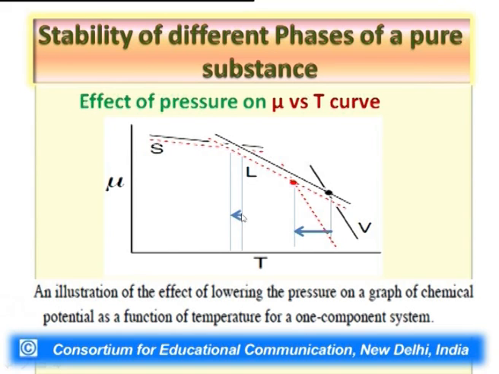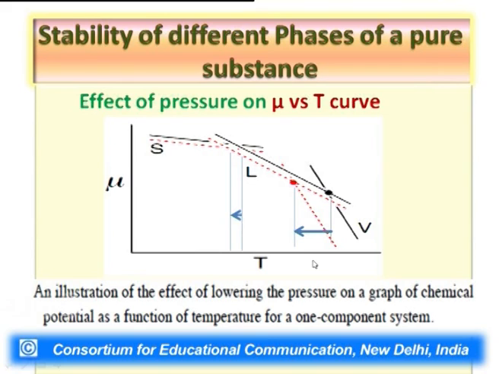So we can see that if we decrease the pressure on the system, the melting temperature gets decreased, as well as there occurs a decrease in boiling temperature. Usually we have this effect that with decrease in pressure, melting temperature gets decreased and boiling temperature also gets decreased, but because of the greatest change in chemical potential for the vapor phase, we observe a greater change in boiling point.